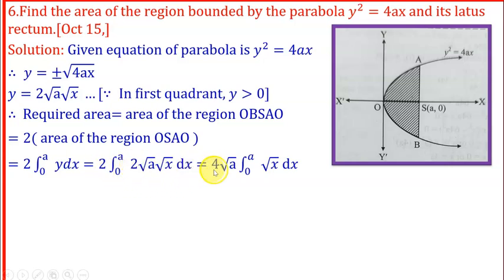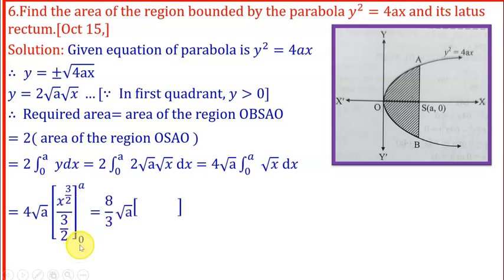That is 2 into 2, 4 root a, integral from 0 to a of root x dx. But what is the integral of root x? It is x raised to 3 by 2 upon 3 by 2, with lower limit 0 and upper limit a.